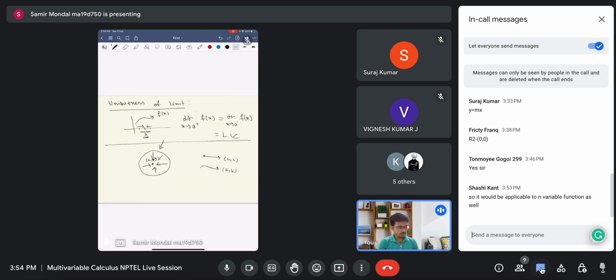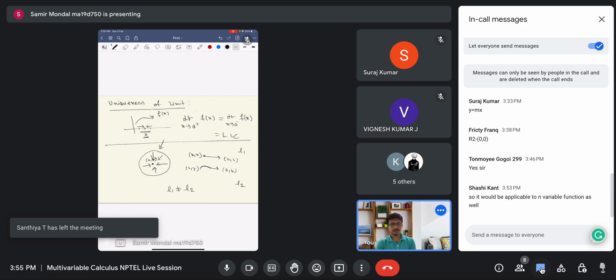When we are approaching along this path we get the functional value L1. When we are approaching from this path, we get the functional value L2. And if L1 is not equal to L2, then we are done. That time we can say that the limit of the function does not exist.